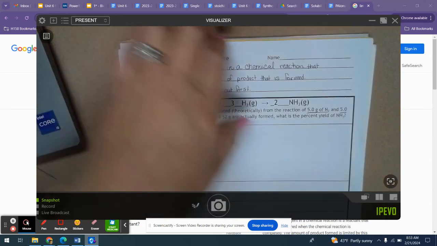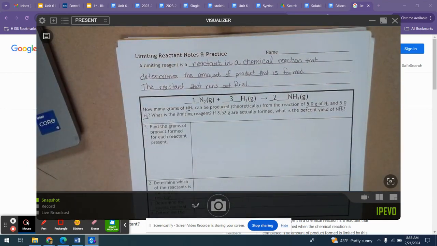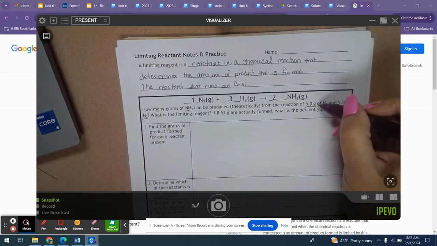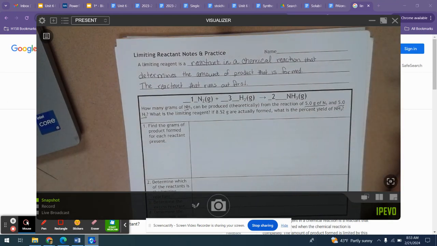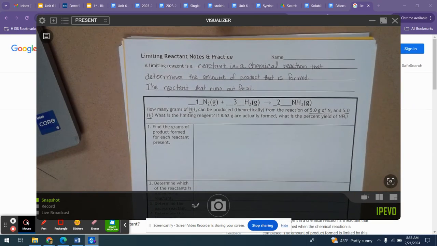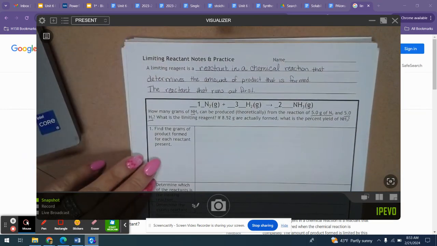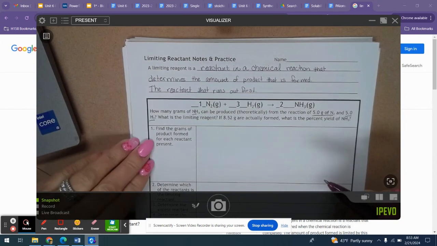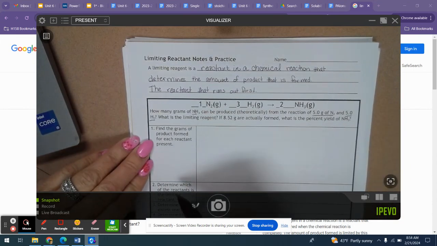If you remember, the reason that we use moles is because 5 grams of hydrogen and 5 grams of nitrogen do not contain an equal number of atoms or molecules. So we have to do 2 gram to gram stoichiometry problems: find the grams of product formed for each reactant.